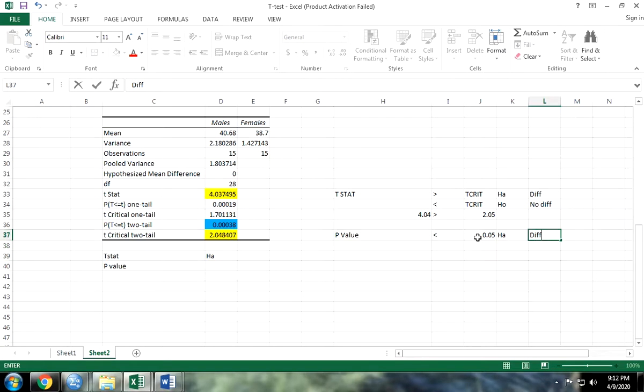Now, remember this one. Pag mas malaki yung p-value compared with your 0.05 alpha or level of significance, we now accept your null hypothesis. Therefore, rejecting your alternative hypothesis, so walang difference.